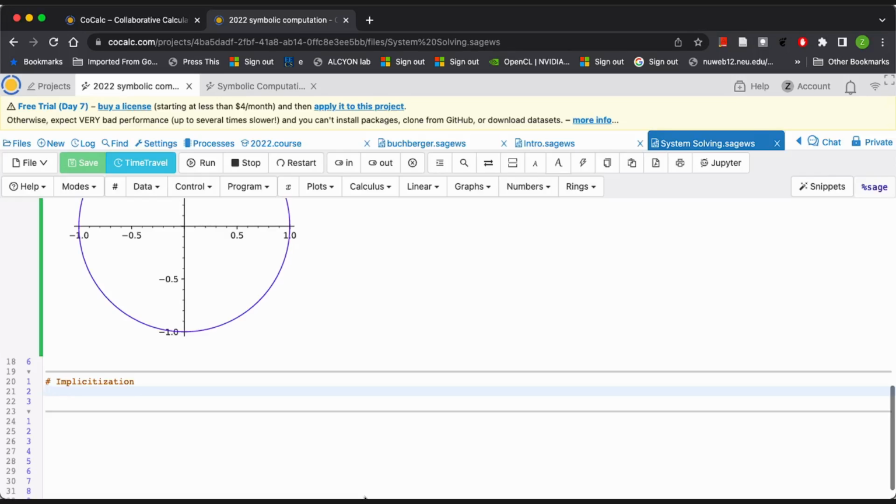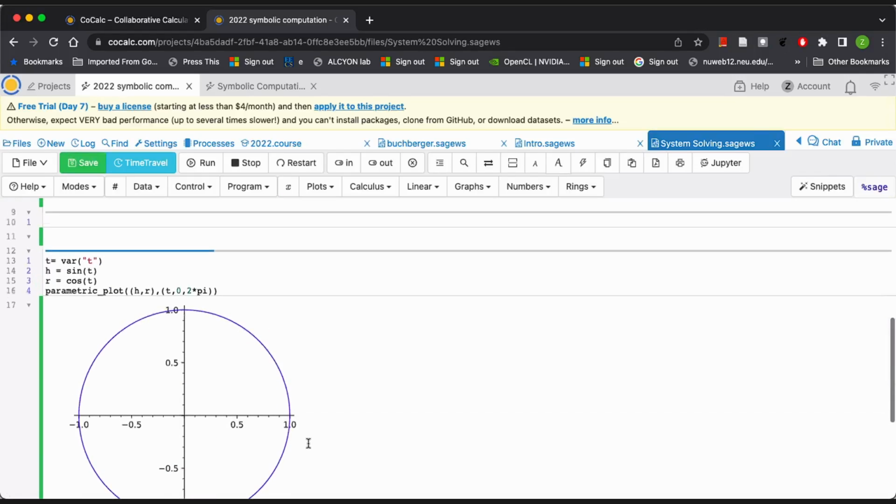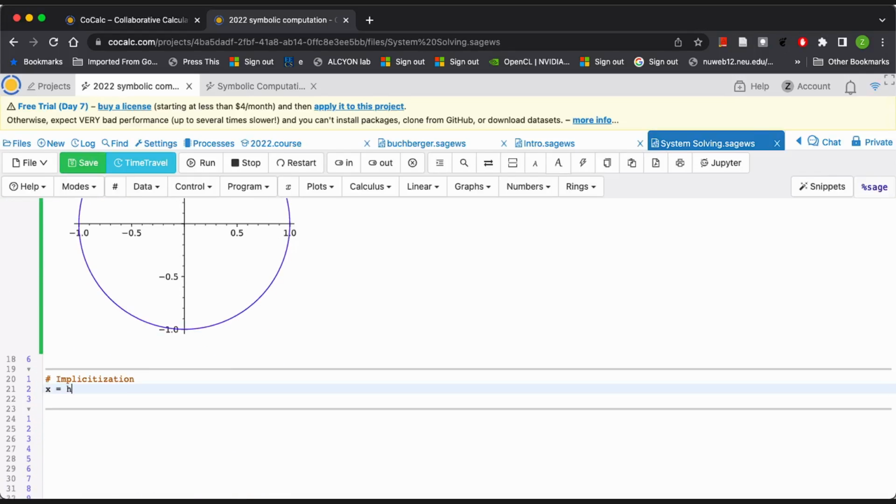I mean, it will be with tools we have already, right? With things we discussed. How do we do this? So we say that x is equal to h of t, right?